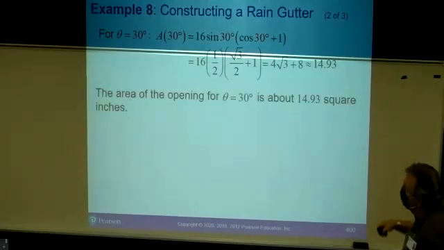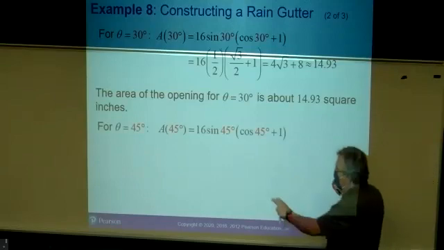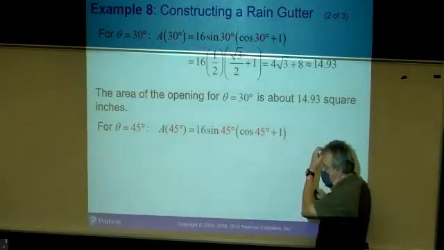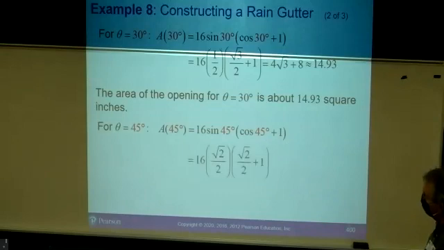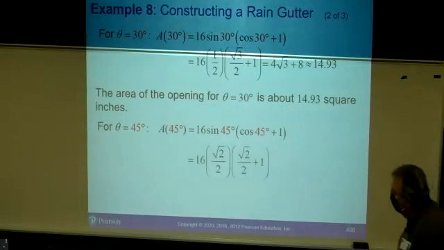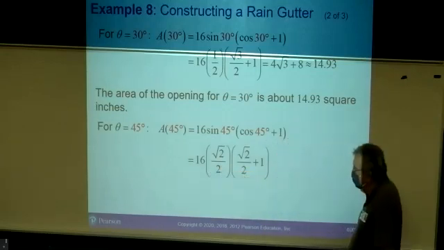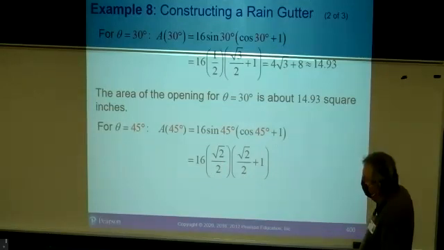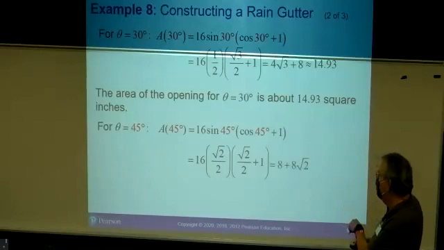Yes, square inches. And then if we do 45 degrees, both cosine and sine of 45 degrees are square root of 2 divided by 2. Then we add 1 to the cosine and multiply through by 16. That ends up being 4 times the square root of 2 plus 4. Why 8?